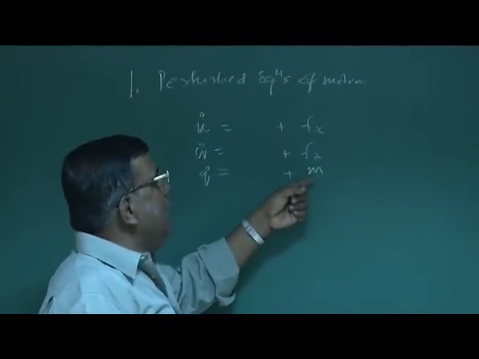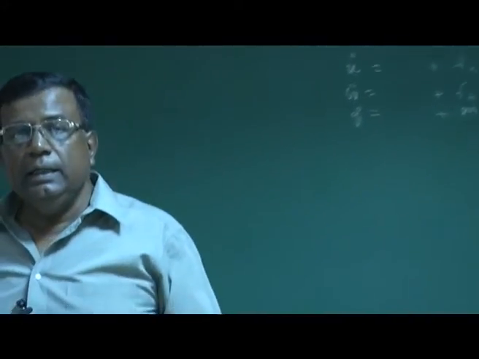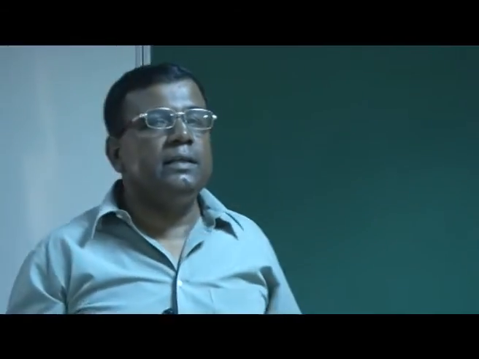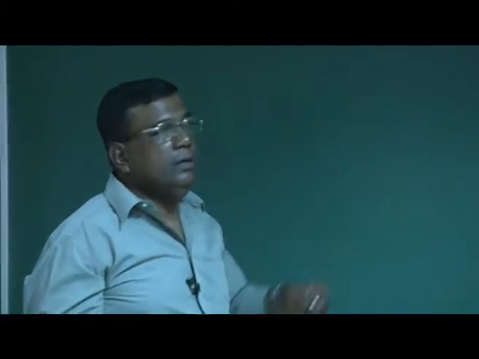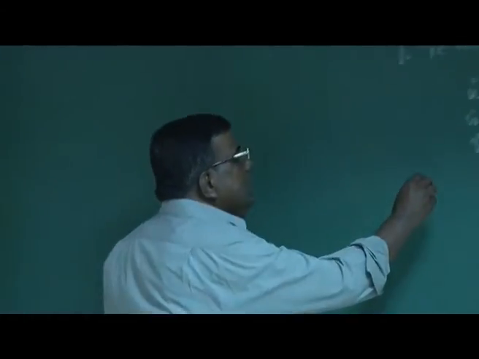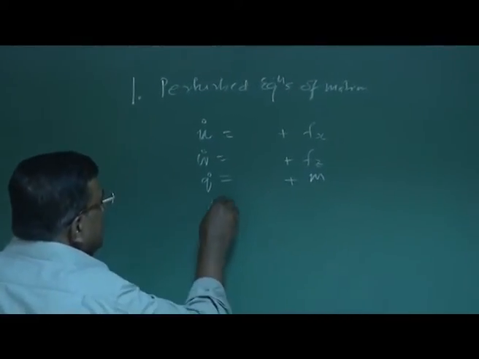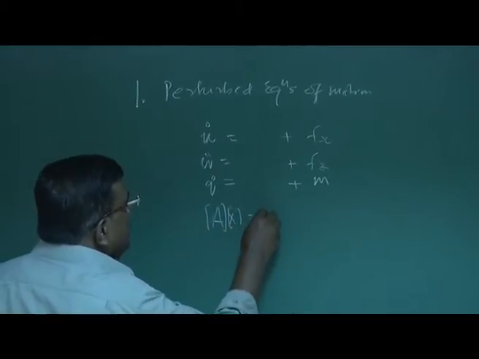Then what we did, we know this Fx, Fz and m will be functions of alpha, alpha dot, q, delta E, etc. And we expanded it. Then we found those dimensional stability derivatives and plugged them into this equation to get a matrix equation of the form Ax equal to b.